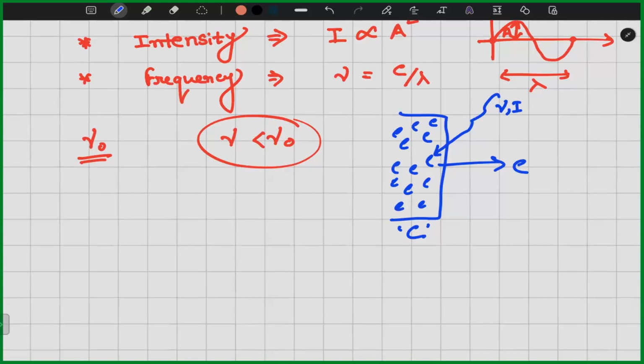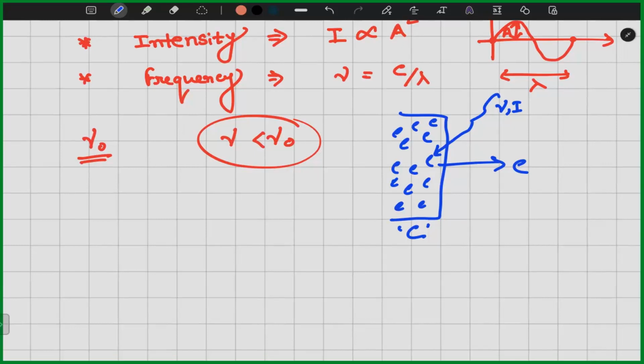The electron was already bound to the metal, and gaining that energy from the radiation, it emits from the metal. This is the whole situation. So the radiation is giving energy to the electron.